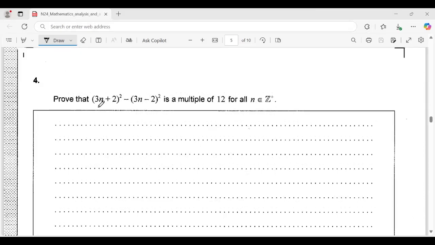Prove that (3n plus 2) squared minus (3n minus 2) squared is a multiple of 12 for all n, an element of the positive integers, right?